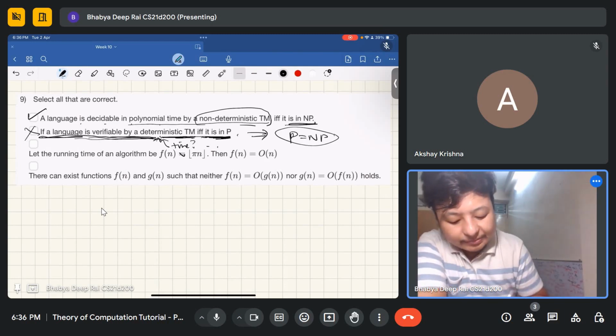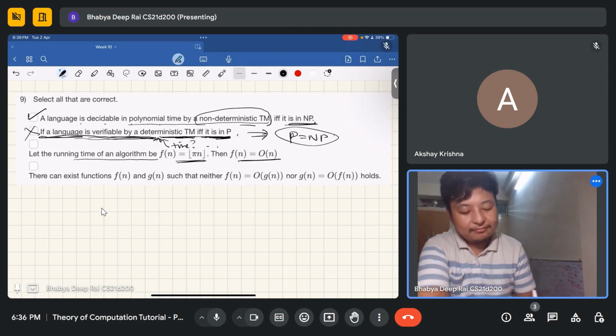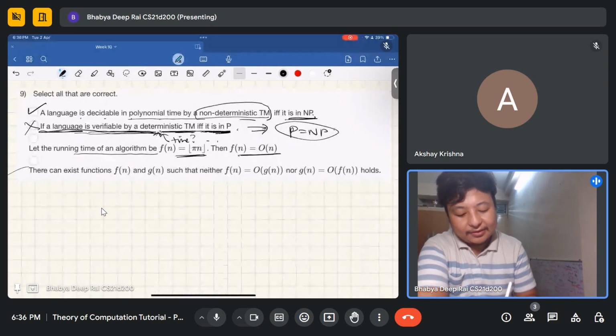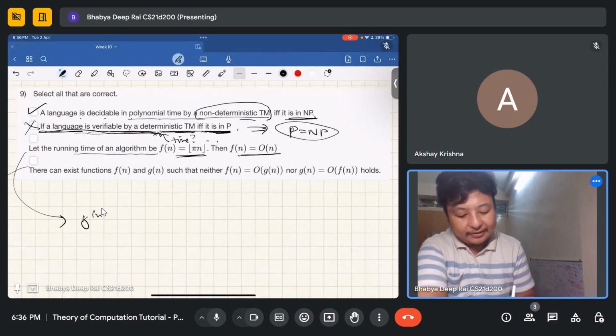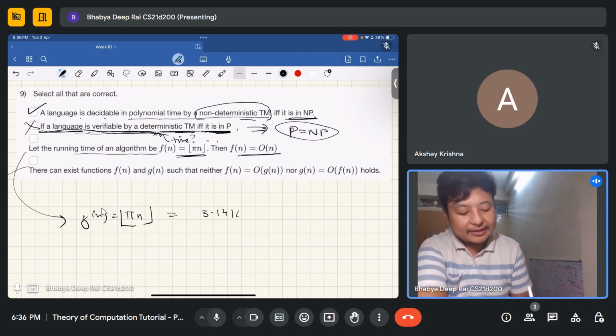Another question: let the running time of an algorithm F(n) be floor of pi n, then F(n) equals O(n). Let's see this question. F(n) equals floor of pi n. Pi is 3.1416 and so on, times n, floor of that.